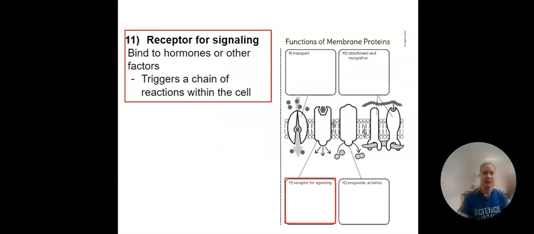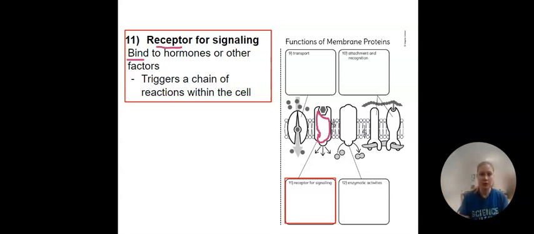The next function of membrane proteins, excuse me, is cell signaling. Specifically, these proteins are receptors. These receptor proteins are the ones that will actually bind to hormones or other cell signaling factors. This is really important because these proteins are essentially what allows the cell to receive any type of communication from the outside environment, from another cell.